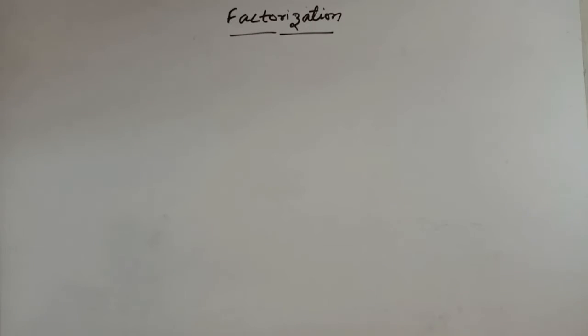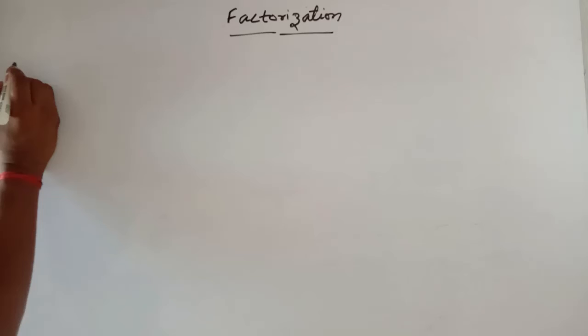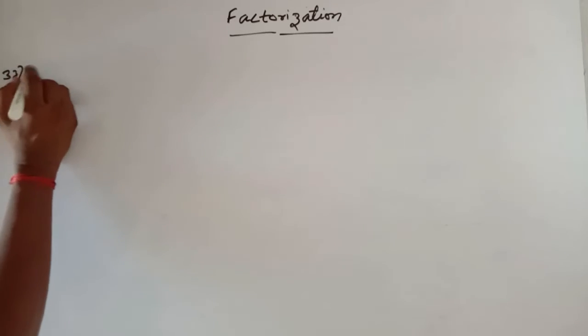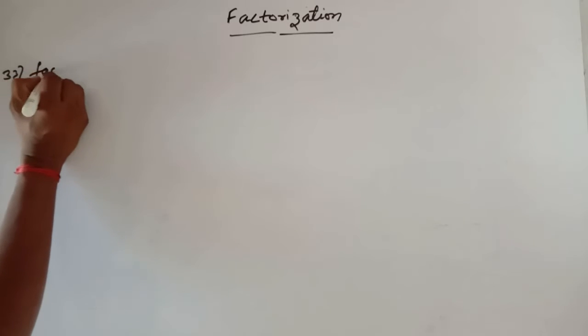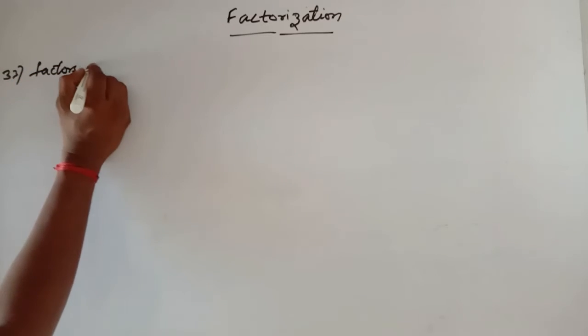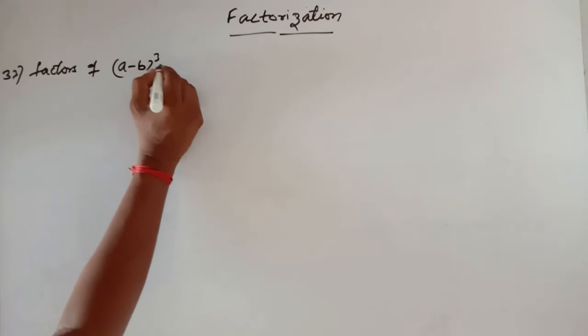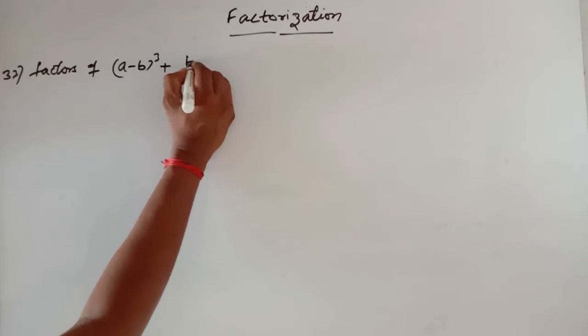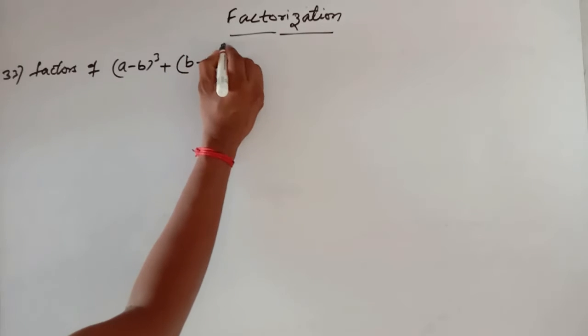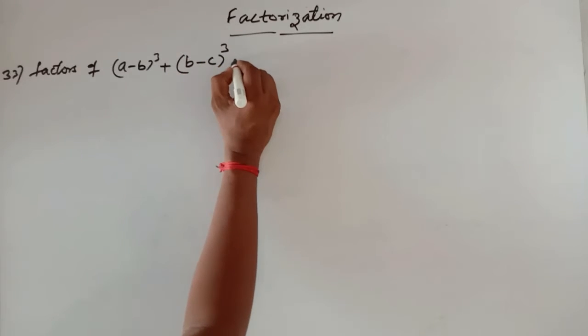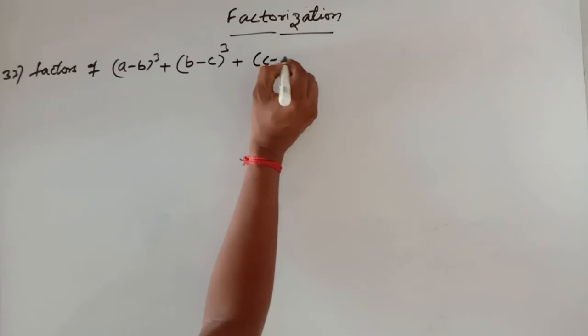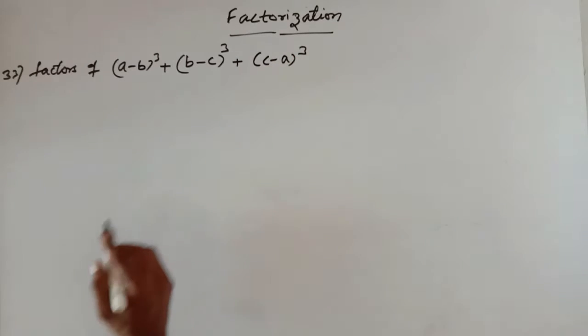Next question is 33rd question. Find the factors of a minus b whole cube plus b minus c whole cube plus c minus a whole cube.